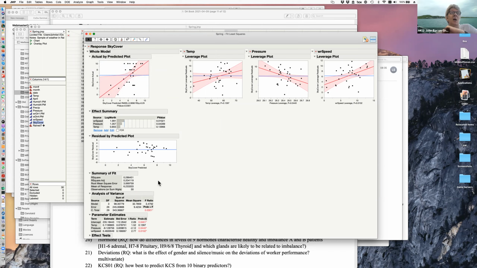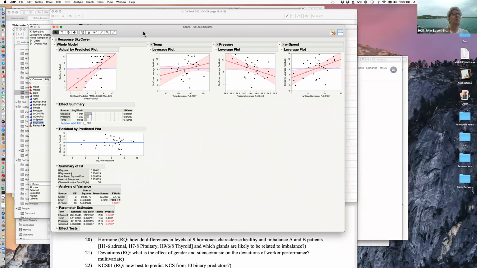And indeed, we know there is a problem because we can never get a sky cover less than 0 or greater than 10. And we don't know that it's linear. But at least as a first approximation, if we only had linear models available, we might look at this and say, well, yes, it looks like as the wind speed goes up, the sky cover goes up.